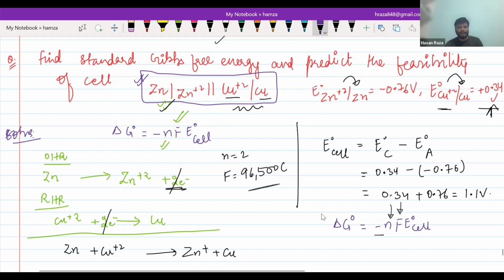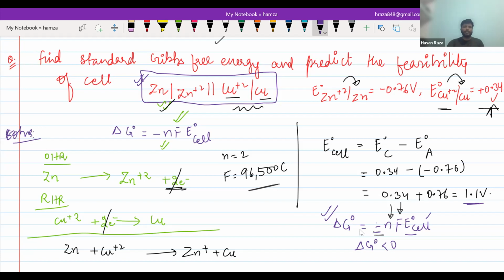So delta G naught, spontaneity and non-spontaneity, feasibility or non-feasibility, depends on E naught cell. Here I got E naught cell positive, positive into negative, so delta G naught will be negative. If E naught cell is positive, that means it is feasible. If E naught cell is negative, then negative into negative in the formula will multiply and it will be positive.